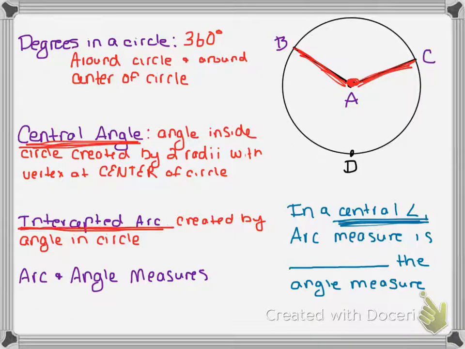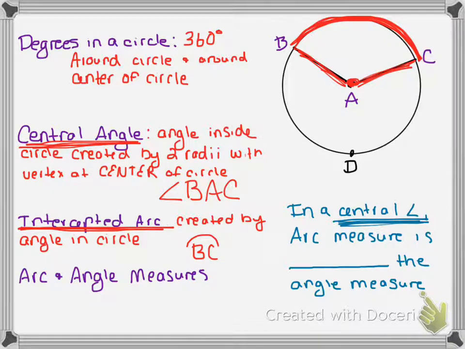Okay, that is the arc that is created by that angle. This is the intercepted arc of the angle. Okay, so we have angle BAC, and we have the intercepted arc, which is a minor arc, BC.